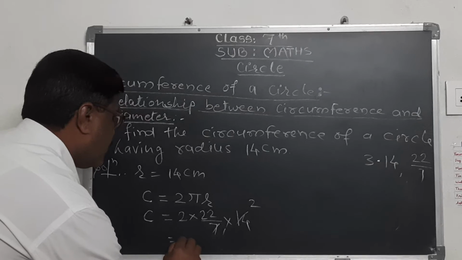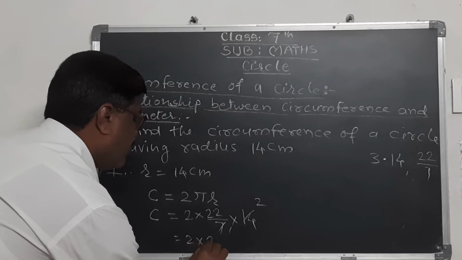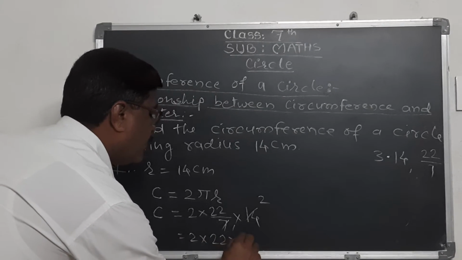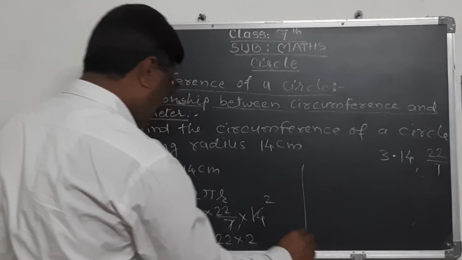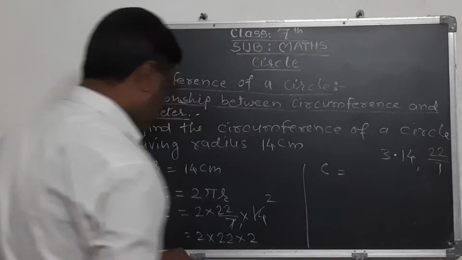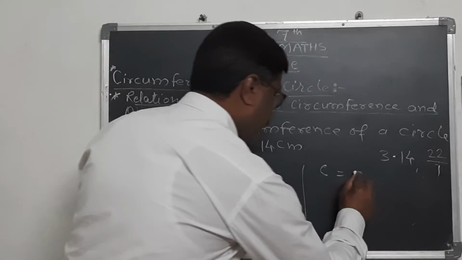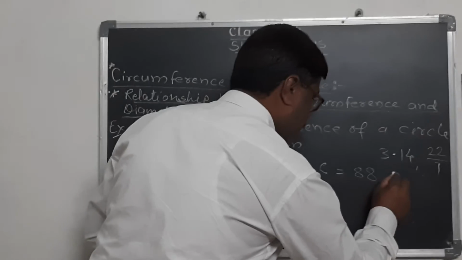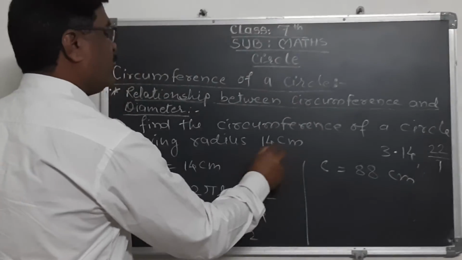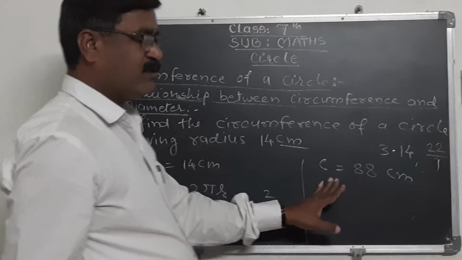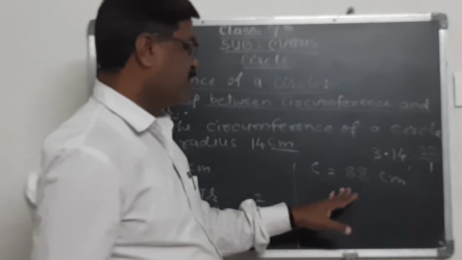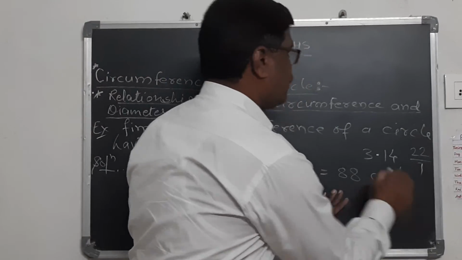So we get 2 multiplied by 22 multiplied by 2. So C is equal to 22 multiplied by 2 is 44, 44 multiplied by 2 is equal to 88. The 14 is in centimeter, that's why the circumference of the circle is also given in centimeter.